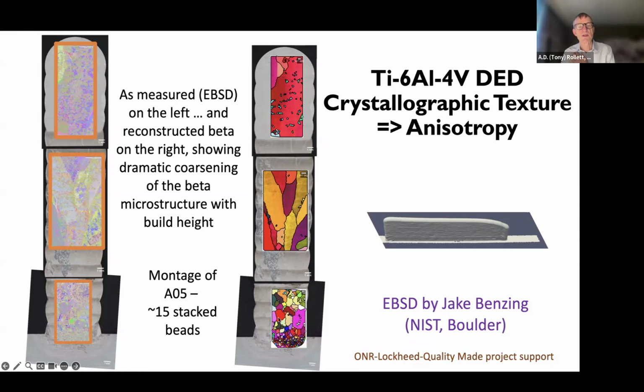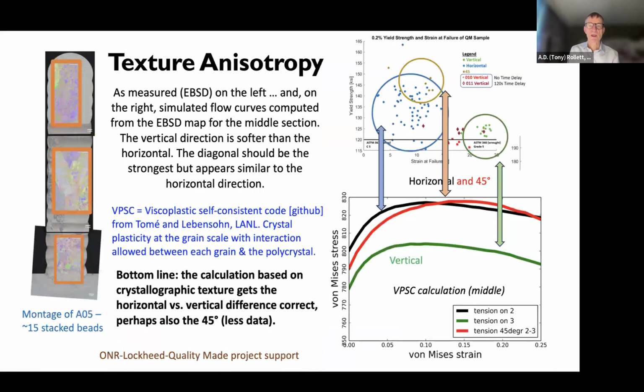And so you can see a roughly equiaxed structure at the bottom of the bead, coarsening happening rapidly. And then at the top of the bead, there's one dominant beta grain and a few other grains in there. So that's some evidence for that rapid coarsening that I mentioned.